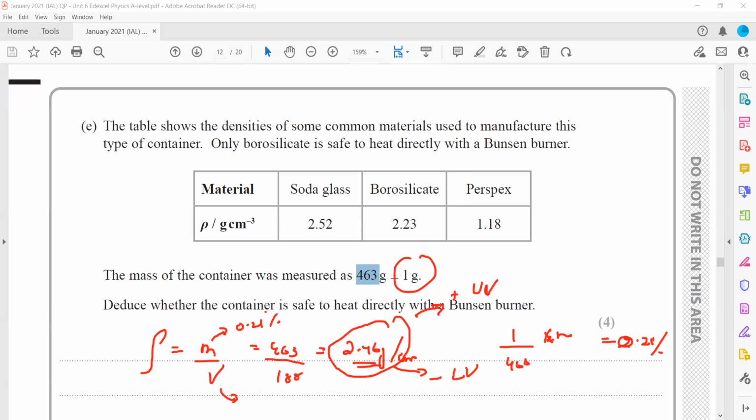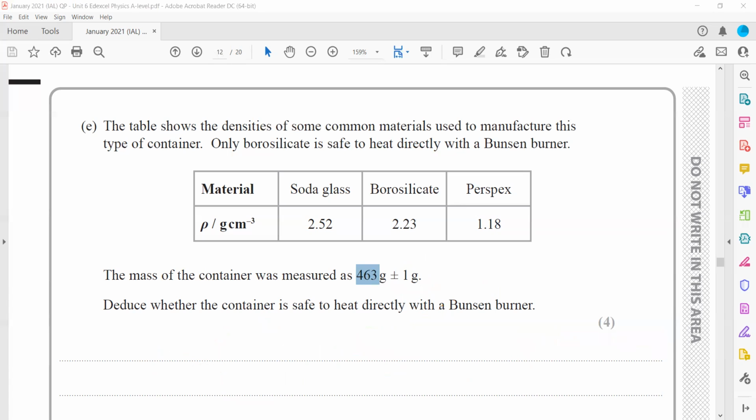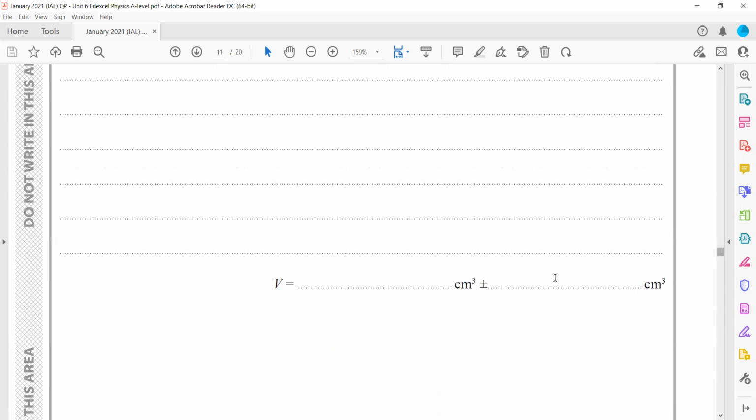Or you can calculate the percentage uncertainty. How do we do this upper and lower limit? After getting a percentage uncertainty, because I did not calculate the volume, that's why I cannot show the percentage uncertainty part. So I'll use the marking scheme answer.